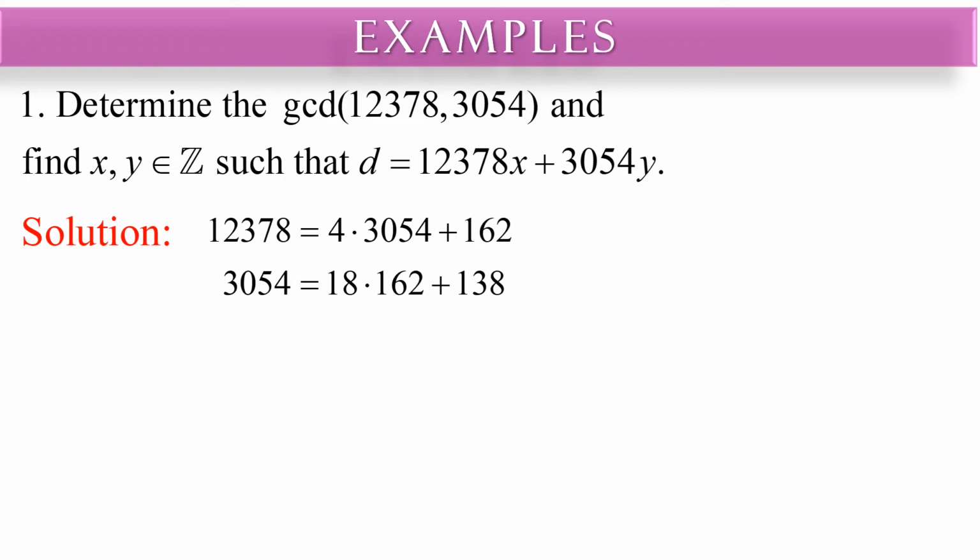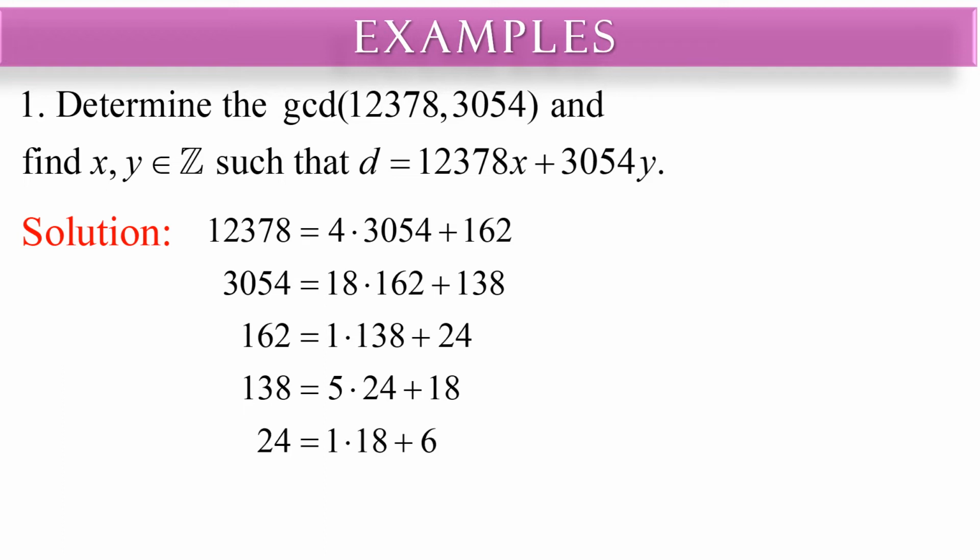And then repeating the process, we have 162 is equal to 1 times 138 plus remainder of 24. By continuing, we get 138 is equal to 5 times 24 plus remainder 18, and then 24 is equal to 1 times 18 plus 6, and last, 18 is equal to 3 times 6 plus remainder of 0.